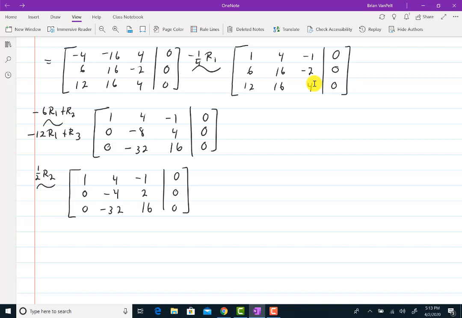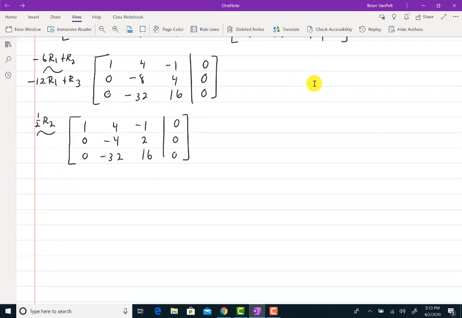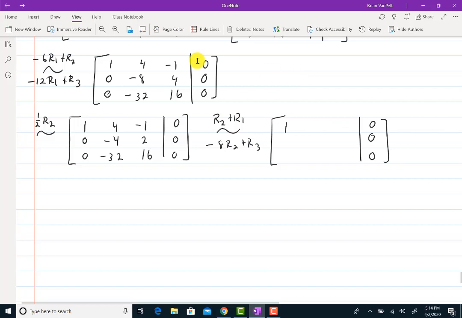All right, I think we're good right now. Now what I'm going to do is simply add R2 to R1, and then do -8R2 plus R3. When I do that, I'll wipe out this entry here, but then I'll get a 1 here.